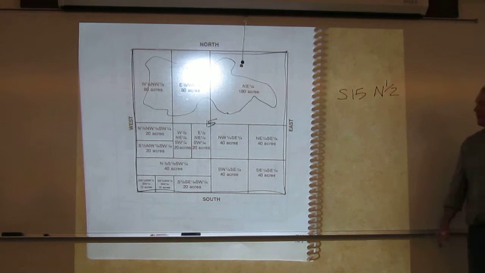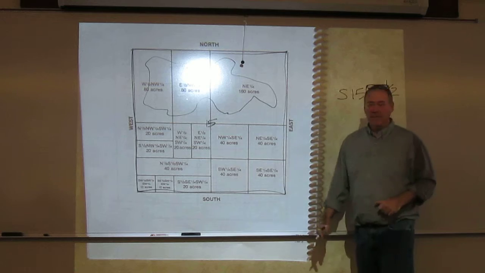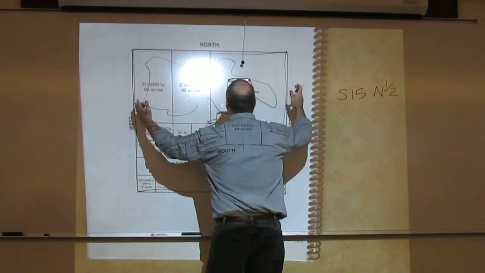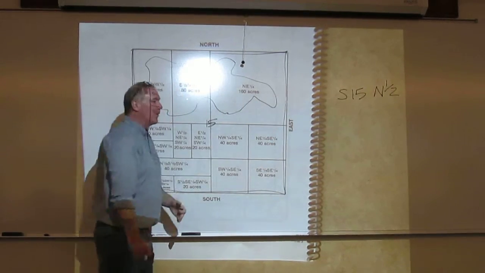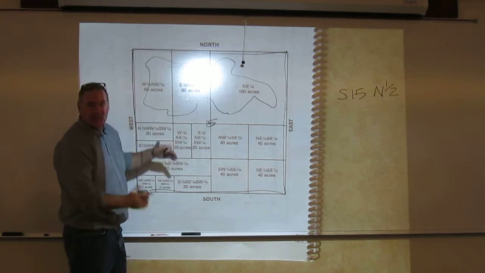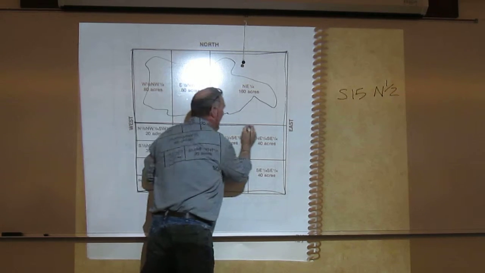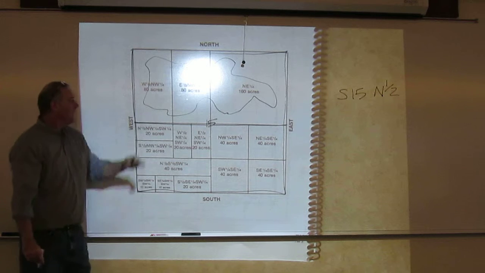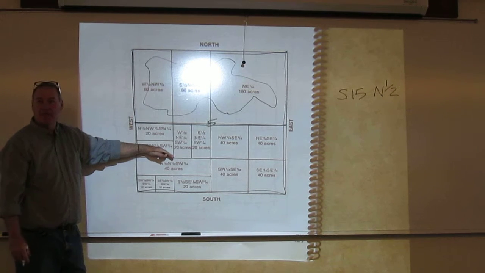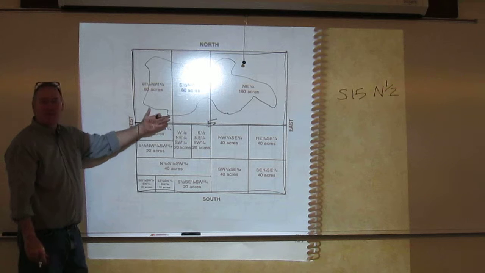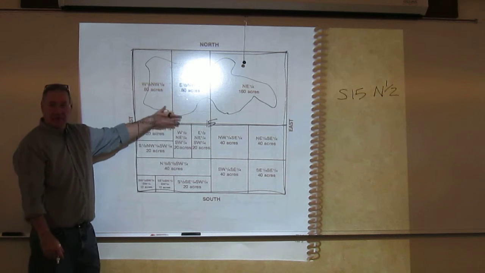Okay. Now, why would I call the north half out? Because I know I'm in section 15, this guy. But the property is only in the north half of it, right? If I've got this block and I draw this line here, I've got a north half and a south half, don't I? So now I'm going from 640 acres to 320 acres.